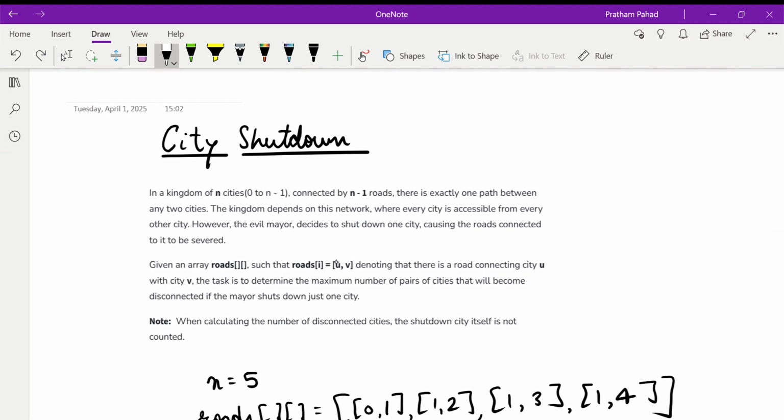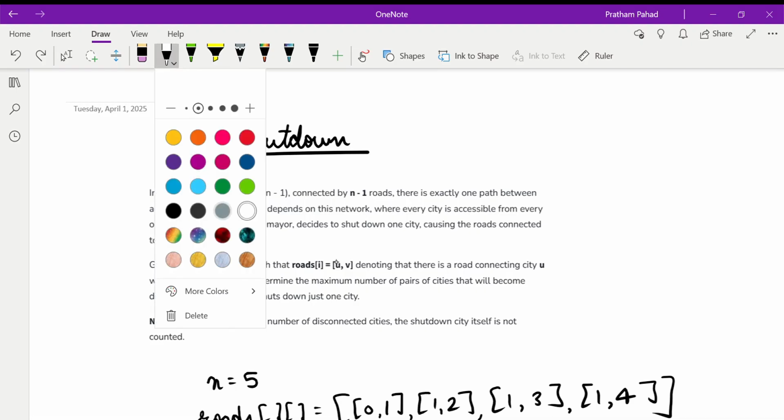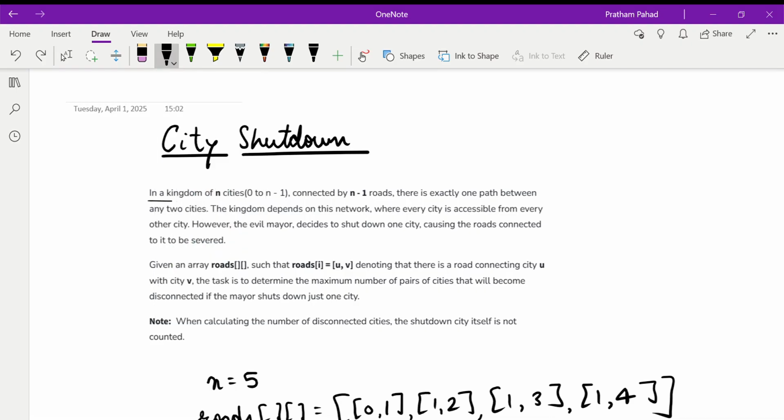City shutdown. It is a very interesting problem. In a kingdom of n cities, 0 to n-1, connected by n-1 roads, there is exactly one path between any two cities. The kingdom depends on this network where every city is accessible from every other city.